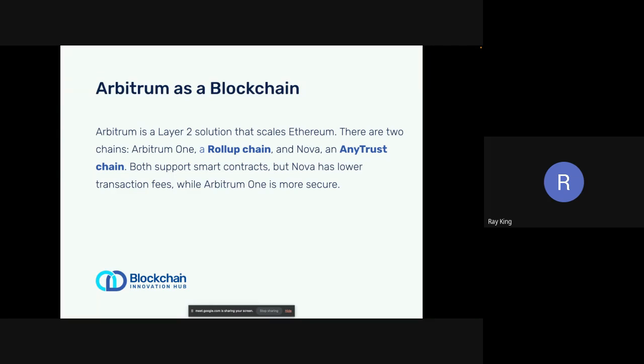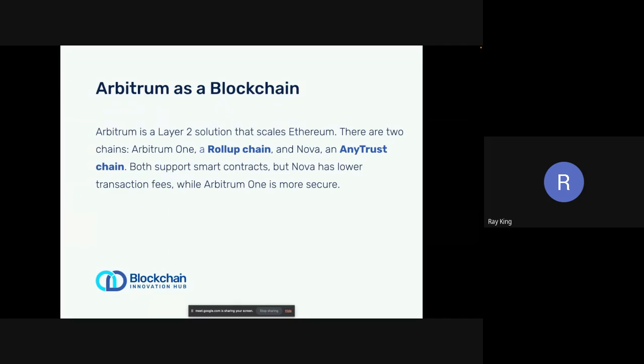There are two chains. We have Arbitrum 1, a roll-up chain, and Nova, an AnyTrust chain. Both support smart contracts, but Nova has lower transaction fees, while Arbitrum 1 is more secure. Now, to understand this, Arbitrum 1, which is a roll-up chain, what did we say is a roll-up chain yesterday?